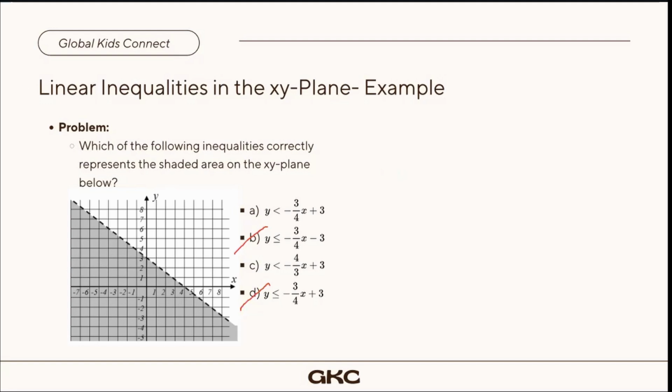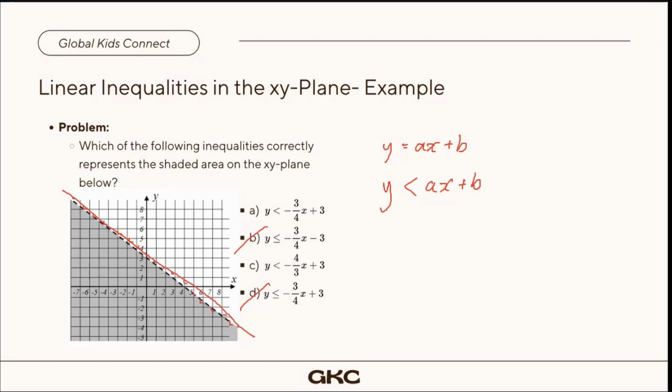Then we say the equation is like y equals ax plus b, just generally, and that represents this line here. We can see that the shaded area is below that line, right? And therefore we can say that the y values for the line ax plus b are always less than, because the maximum value that the y value can be for this line is on the actual line itself.